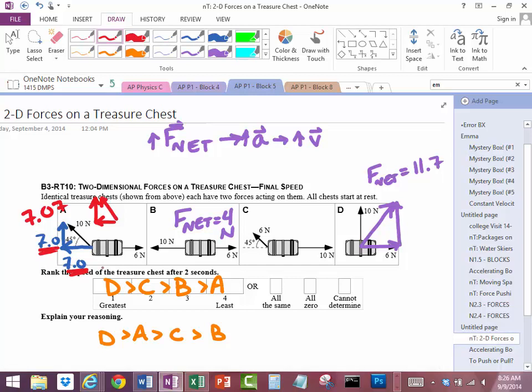Okay. Let's do it. It's not 6 times as big. Yeah. That's right. That's okay.